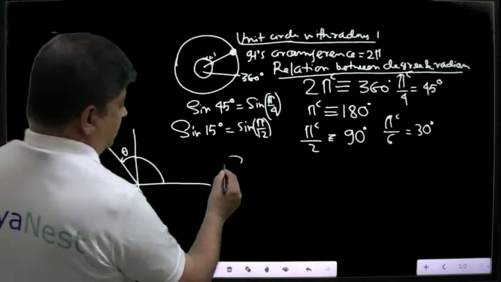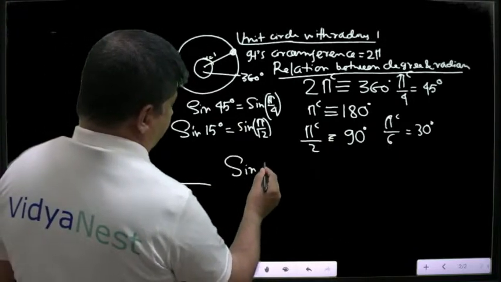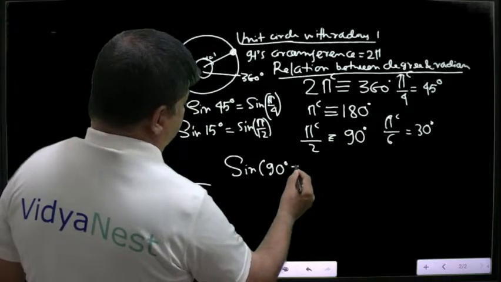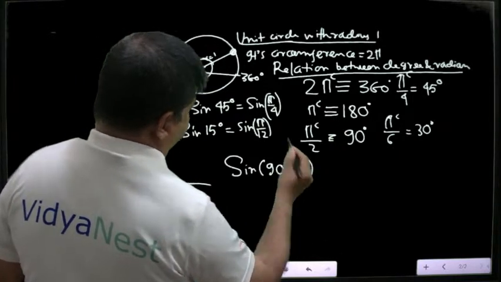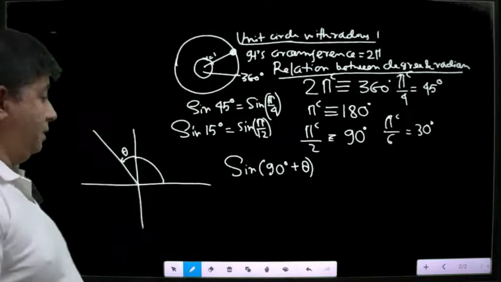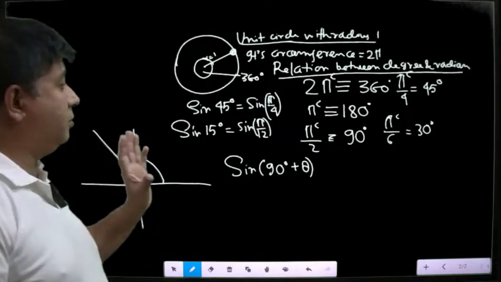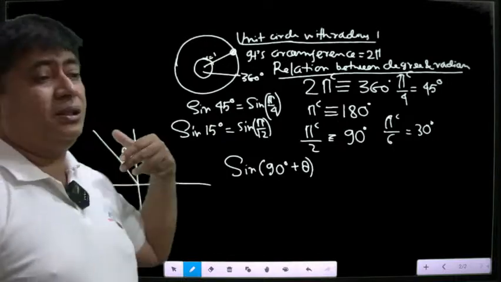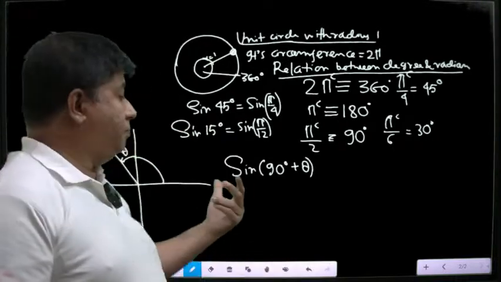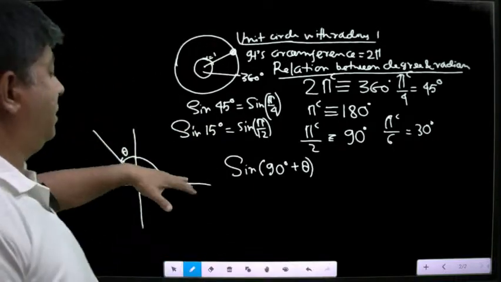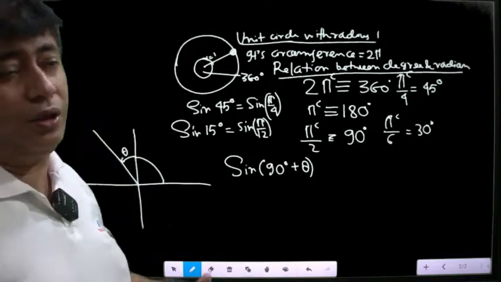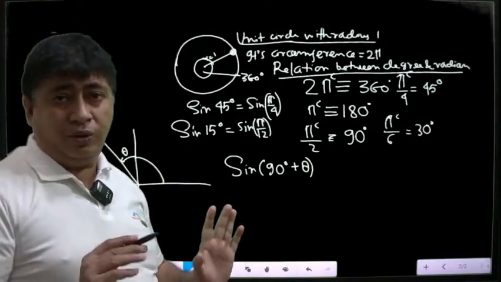That means sin of 90 plus theta. Now, how do we predict whether it will remain sin or change to its complement? That we don't know.